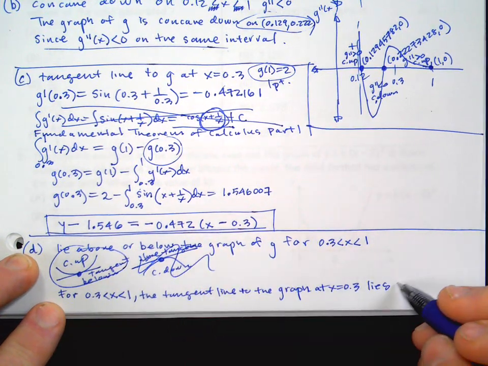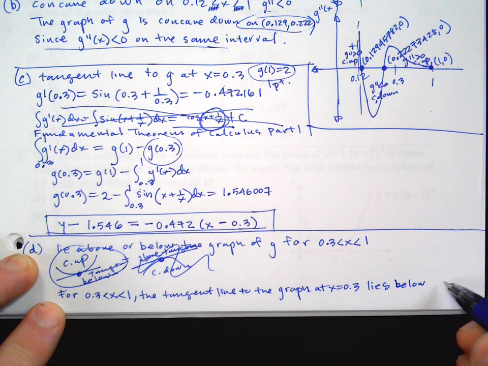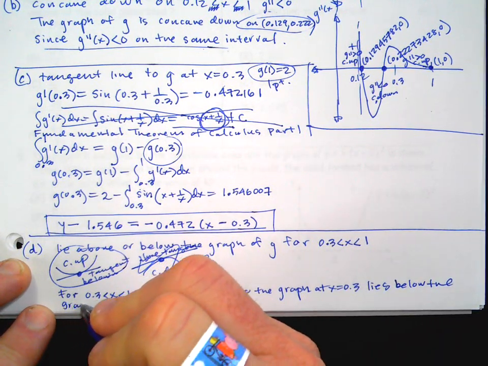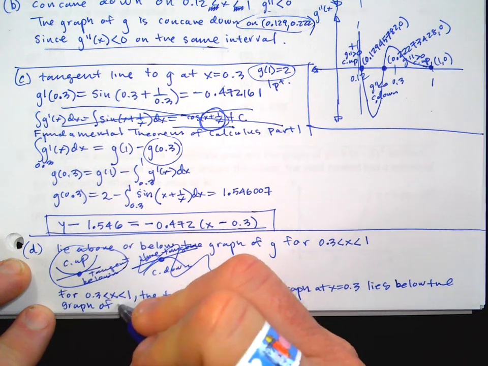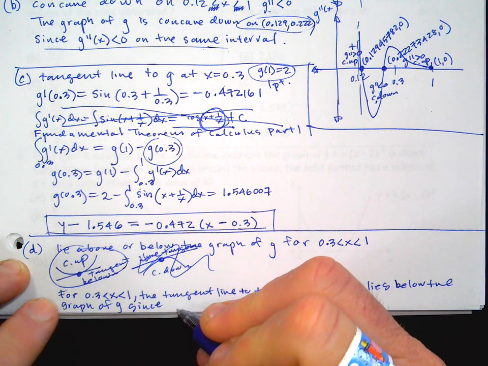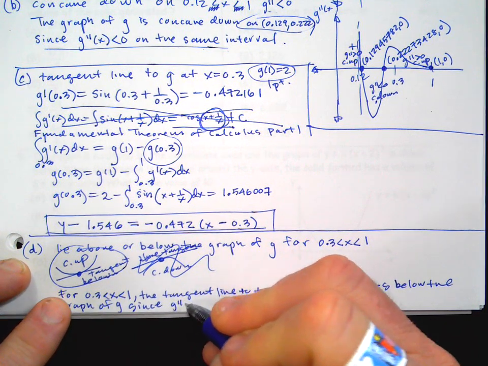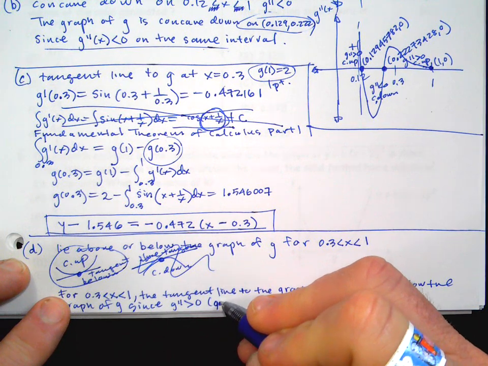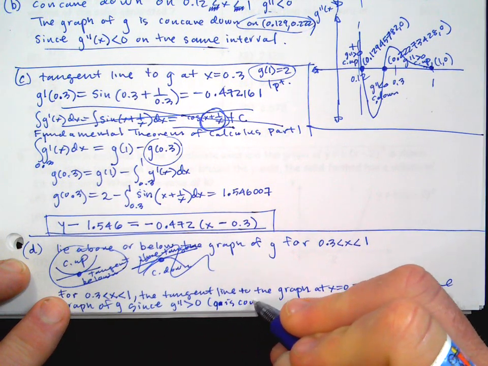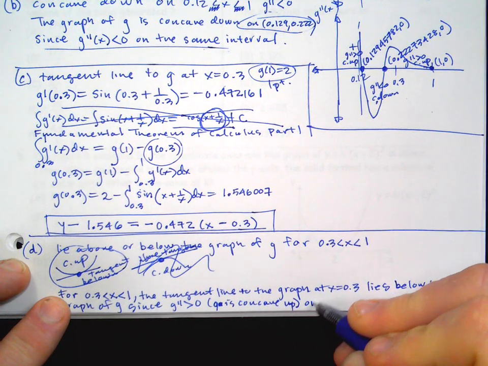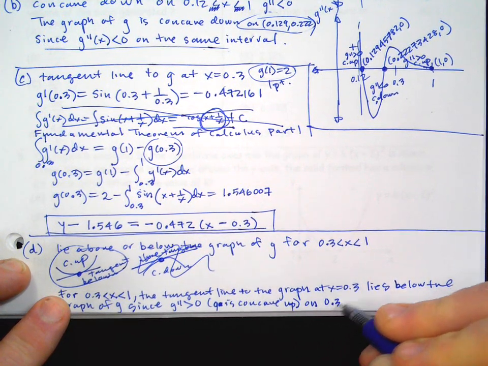Lies below the graph of G, since G double prime is positive, G is concave up on the interval 0.3 to 1.